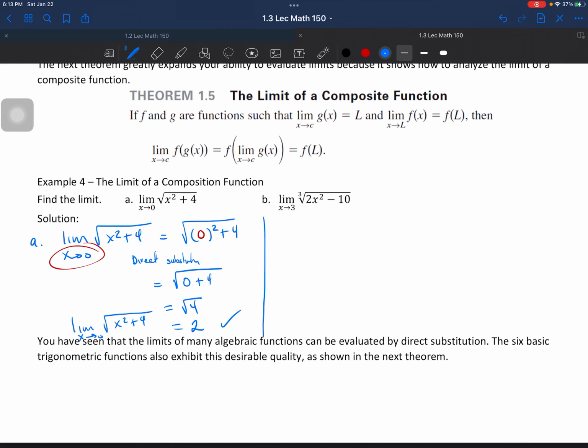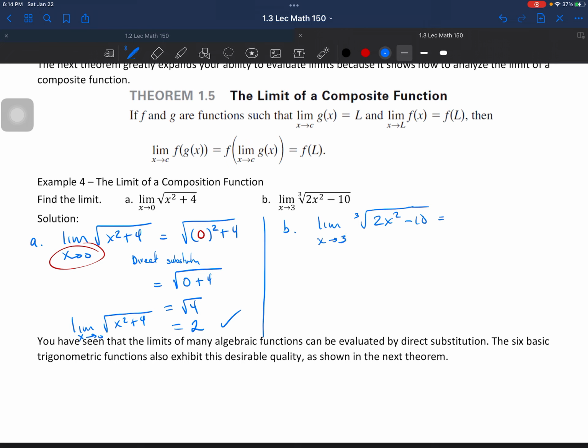All right, next one, same thing. We're going to apply the same concept and then evaluate it. So the limit of the cube root of 2x squared minus 10 as x approaches 3.